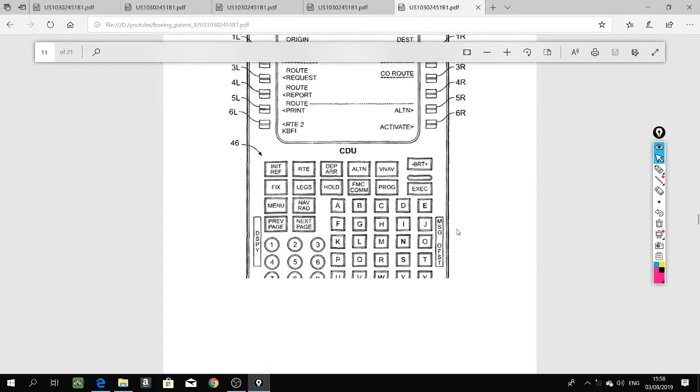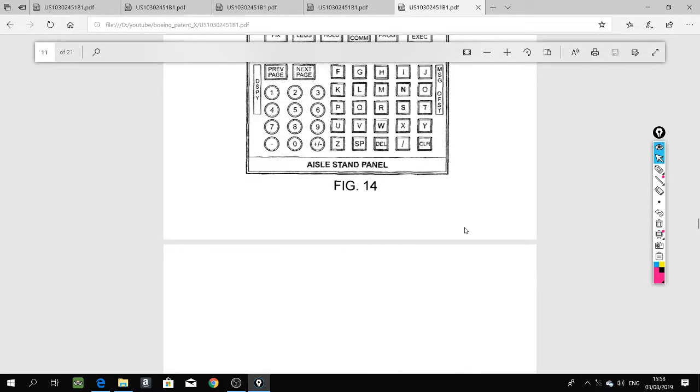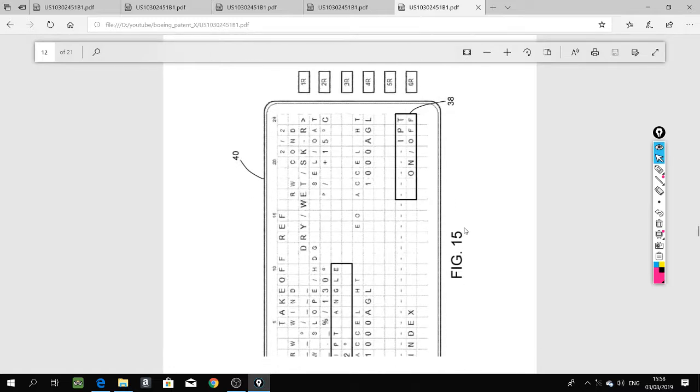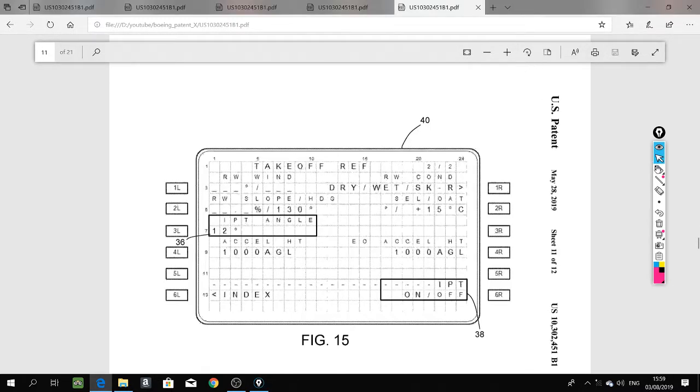And then this is again the picture of the computer here. Nothing special about it. And here we can see, if we look at this picture, that here the IPT is calculated. So you get the understanding of how the whole flow of calculation of IPT is working, right?